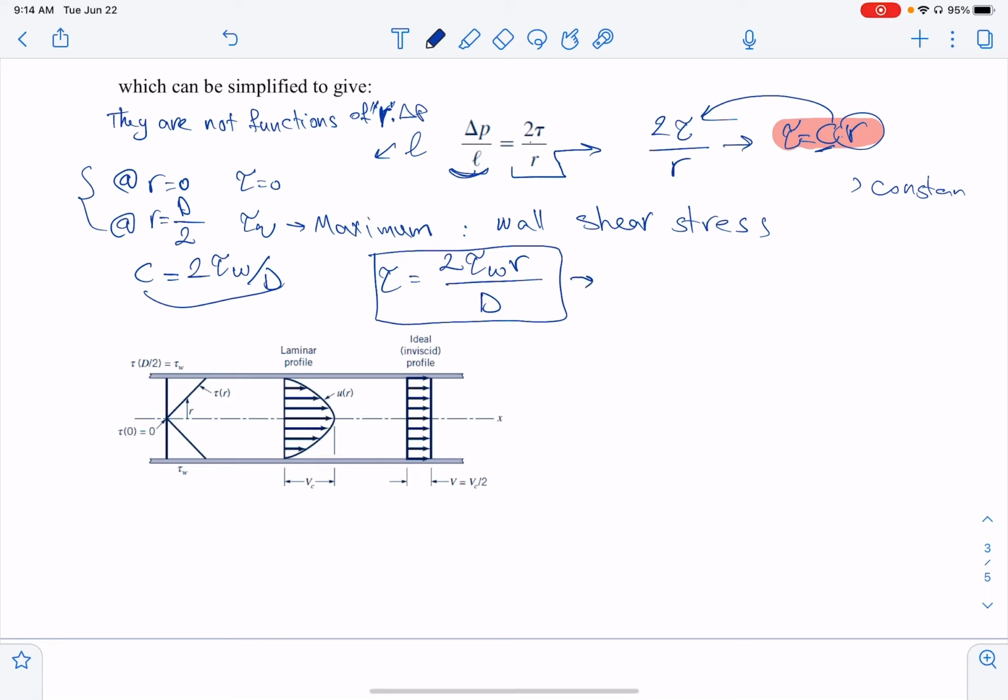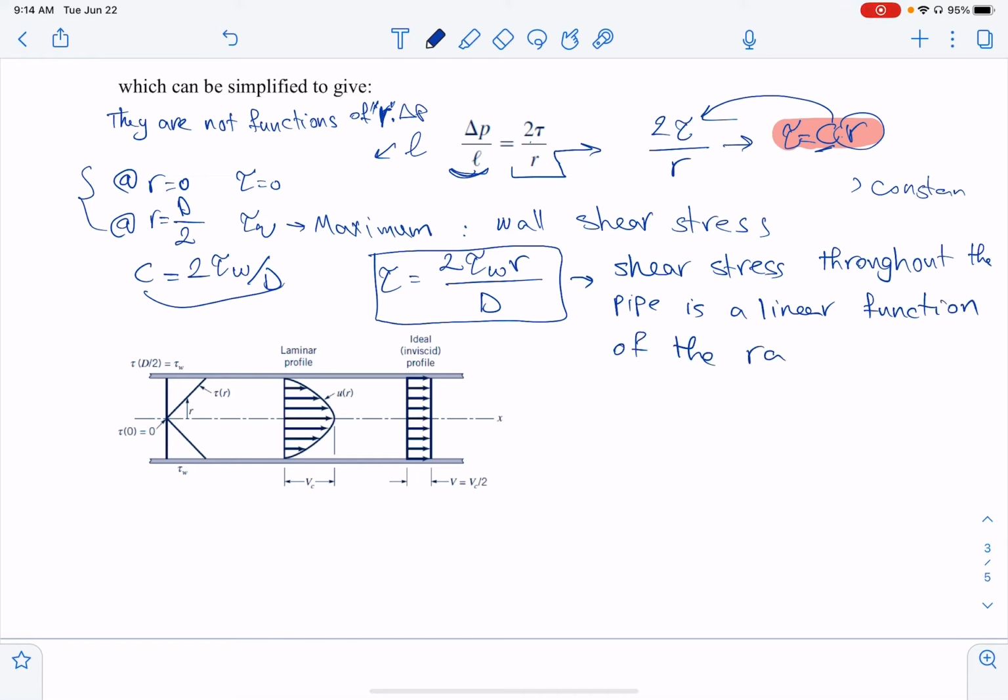So it means that shear stress throughout the pipe is a linear function of the radial coordinate. We're going to use this formula after, at the end of this section as well.